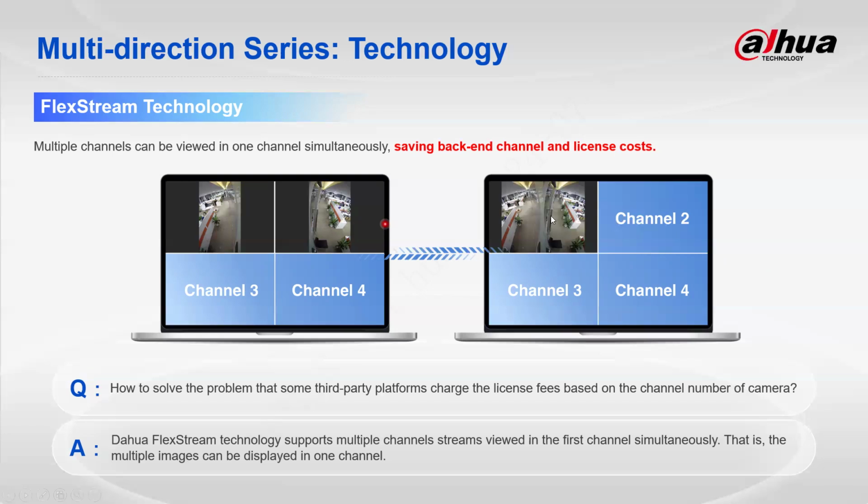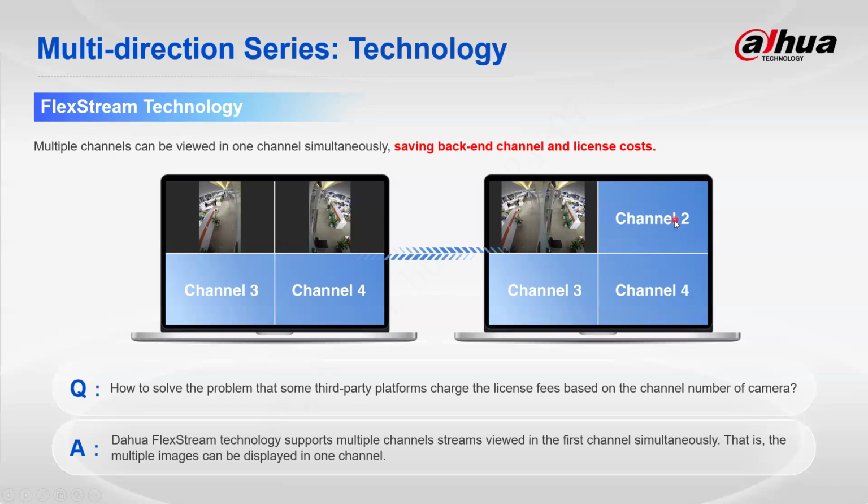But when it comes to the flexing technology, these two channels, instead of working separately, are going to be merged into one particular channel. So this is the output of one lens, and this is the output of the second lens. So instead of this, you save a channel so that at least you can add another lens, or maybe another IPC on the device, that can take another channel.